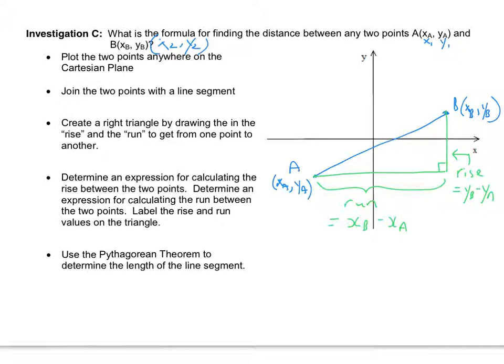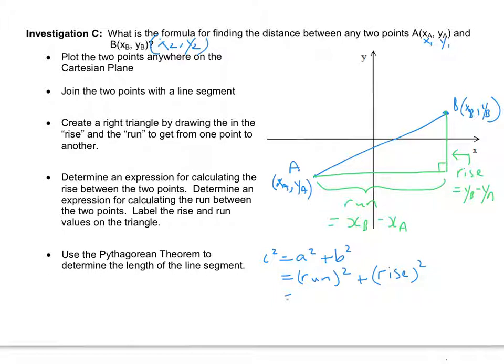Therefore, if I want to find my hypotenuse, which is the length between those 2 points, I know it's really c squared equals a squared plus b squared. Or in this case, it's really my run squared plus my rise squared. I'm going to put run first because it deals with the x's first, and then plus my rise squared.